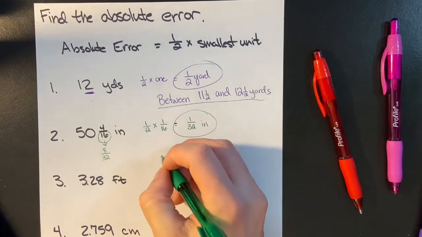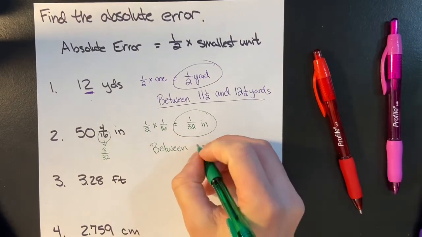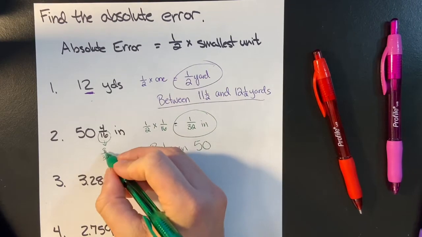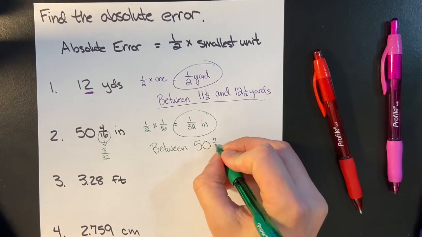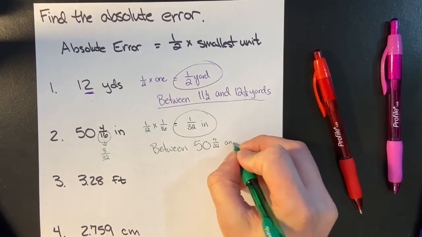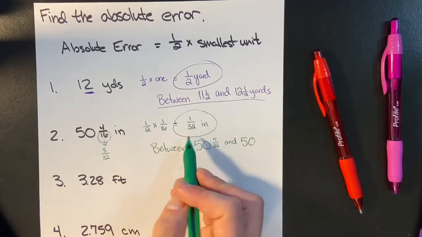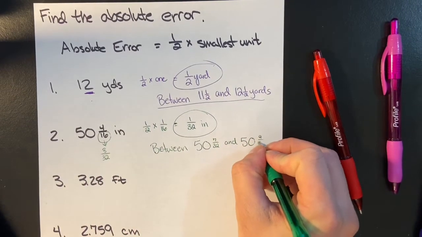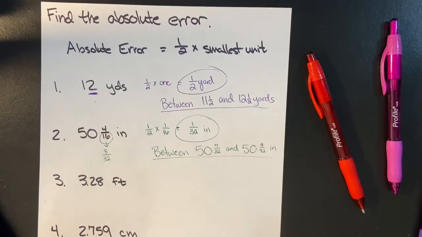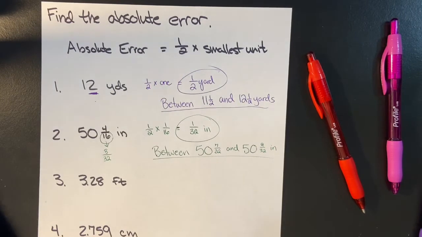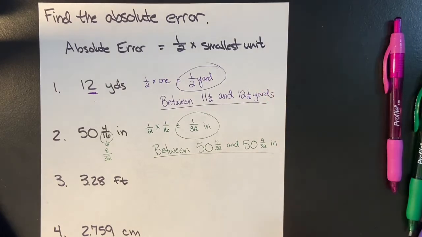My exact measurement would be in between 8 32nds, take away a 32nd, so 7 32nds, and 8 32nds plus 1 32nd, which is 9 32nds. Pretty weird, but fun in my book.